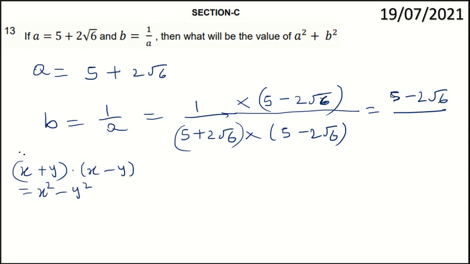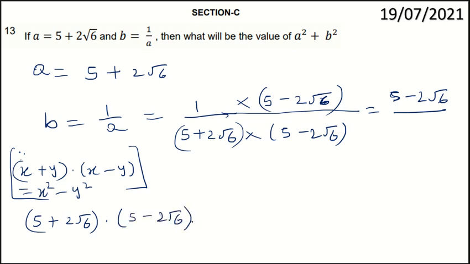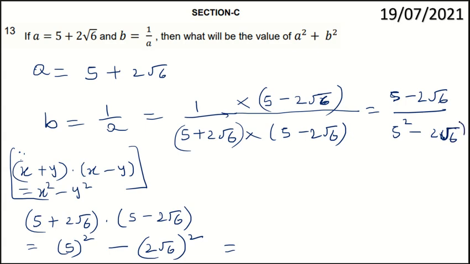So, using the same identity, we will find 5 plus 2 root 6 multiplied by 5 minus 2 root 6, whose product is 5 square minus 2 root 6 whole square, because x is 5, y is 2 root 6, which comes as the denominator.